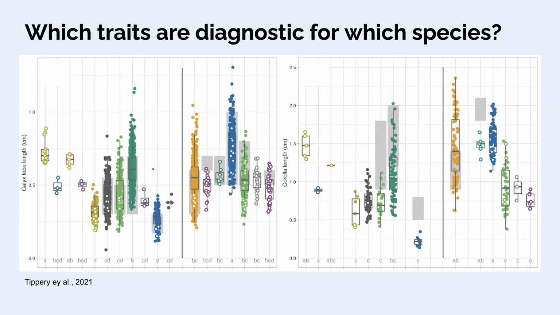And you can do this across a variety of species. This is a study that I did on a whole bunch of different Nymphoides species in Southeast Asia. And again, with one measurement at a time, sometimes you can make a pretty clean distinction between one species and another. Sometimes you've got considerable overlap. So if you have this blue species against this green species, they're mostly different from each other in the size of their calyx lobe.